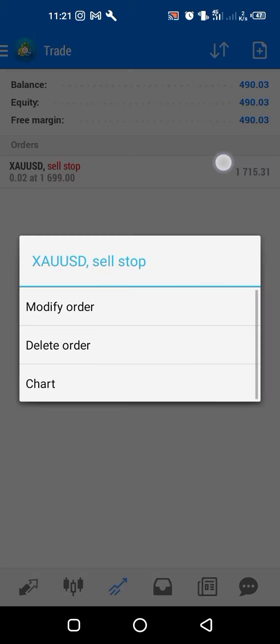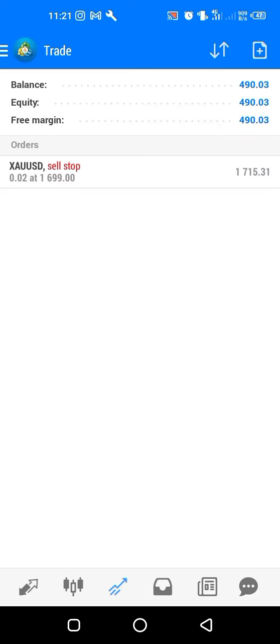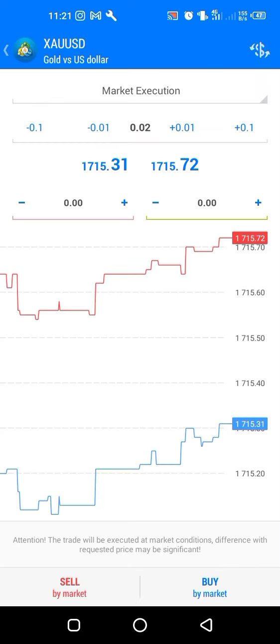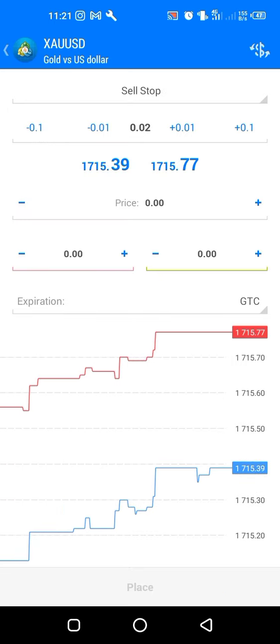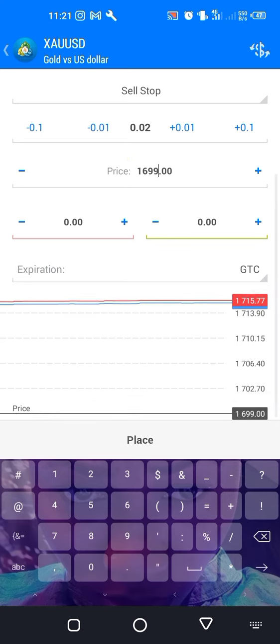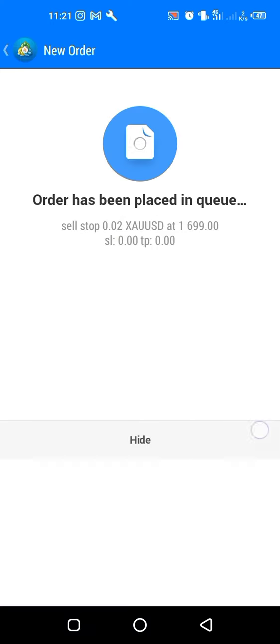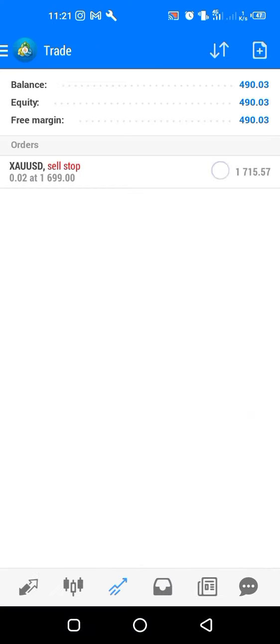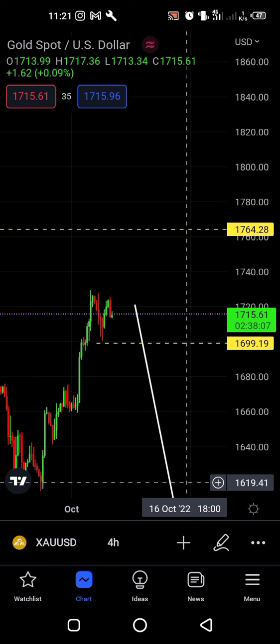It has placed. Sell stop below 1699, below the current market price. So you can see price here, your pending order here, current market price here. When price goes all the way down, it picks your trade and then goes in your direction.